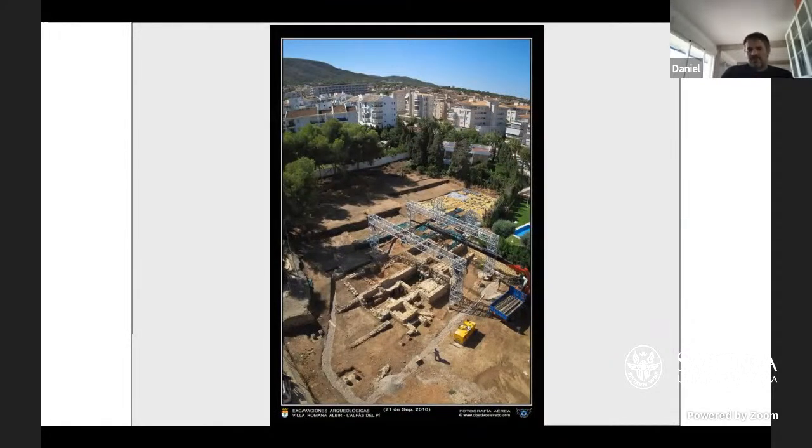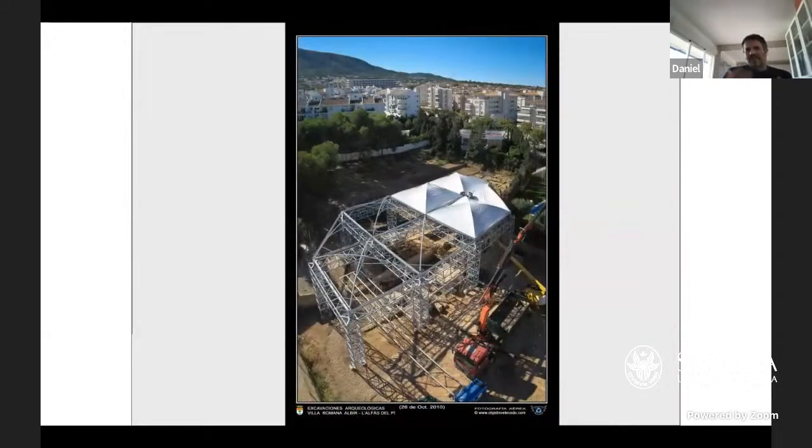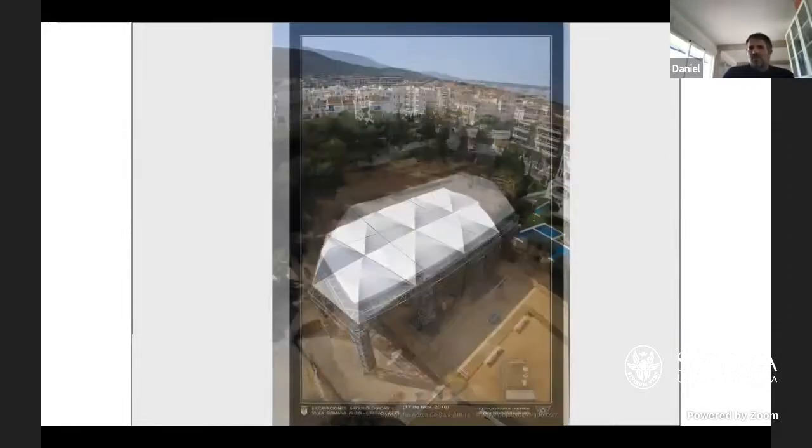And that is important because this is the moment when they began in the town of l'Alfàs del Pi to really be interested in protecting and researching, protecting, and investing in the application of new technologies to visit the archaeological site, the Roman villa.